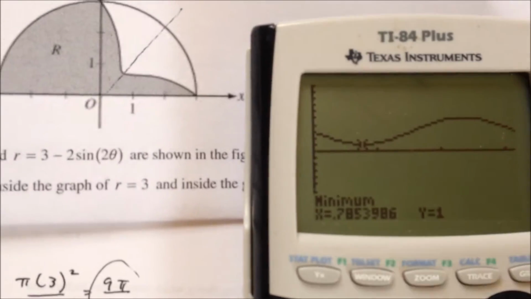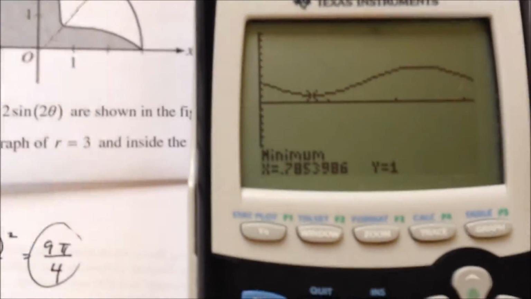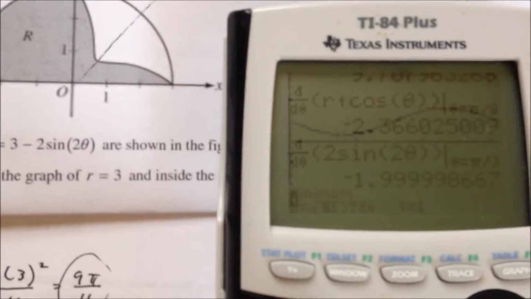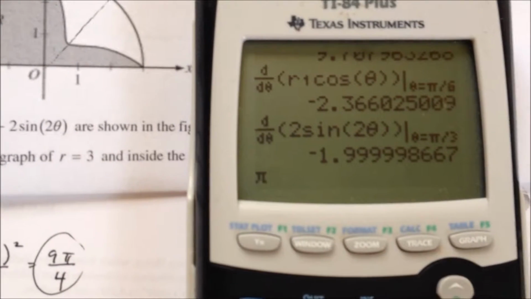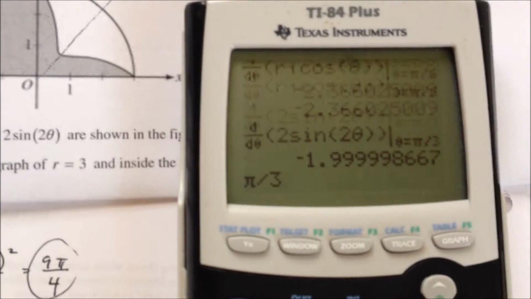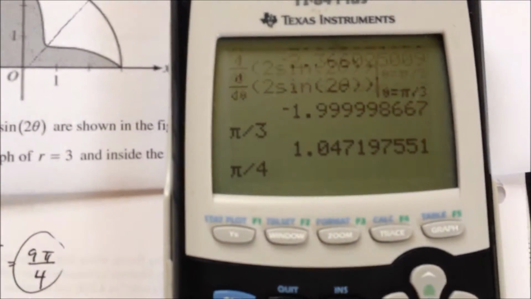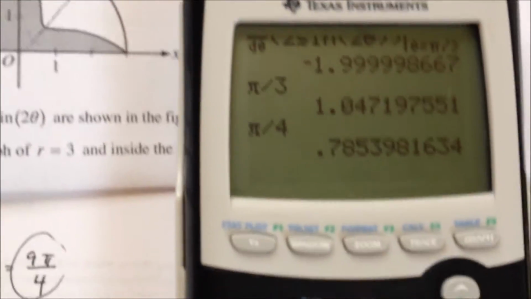0.78539. So let's say you didn't want to use decimals, you could figure out what that would be in terms of pi. So let's say you guess pi over 3, oh, that's not it, then guess pi over 4. Perfect, 0.785.